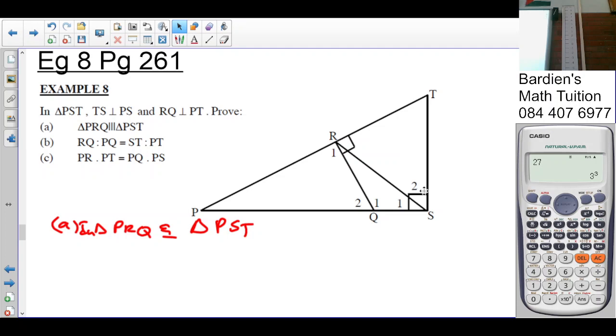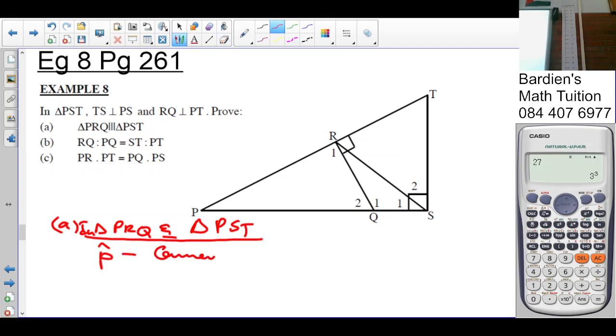One of the two. Okay? Then we don't have lengths of sides here. So we're going to talk about the angles that are equal. So what can we say about those two triangles I've highlighted earlier? Angle P is in both triangles, not so. So angle P is a common angle.